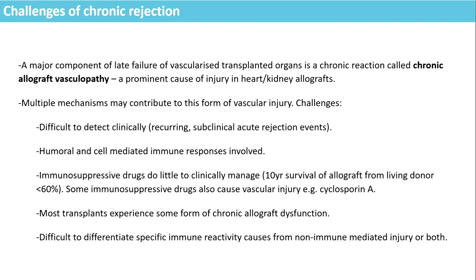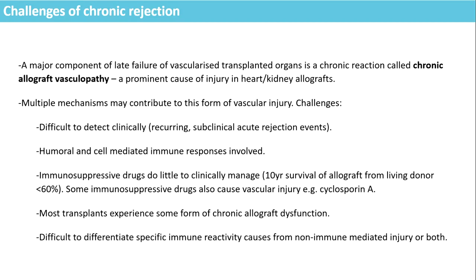We're also getting multiple responses involved, so we're getting the humoral but also the cell-mediated responses. And immunosuppressive drugs will actually be of little help in this instance, but also bear in mind that immunosuppressive drugs themselves can have an effect on vasculature, especially cyclosporin A, which can cause injury to the vascular system itself. And unfortunately, most transplants will experience chronic allograft dysfunction ultimately.